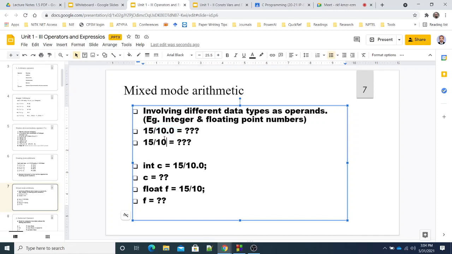So in this case, 15 by 10 is 1.5, but one of the operands is a floating point type, so the result should be of floating point type. So the 0.5 from 1.5 is not discarded, and the result is 1.5. In the other case, the result is 1.